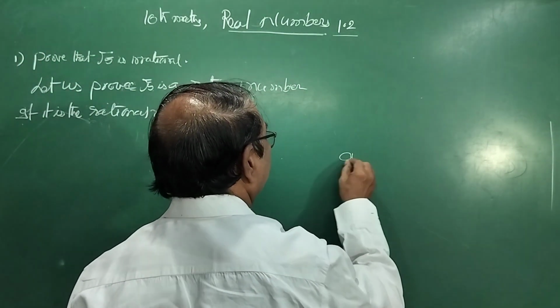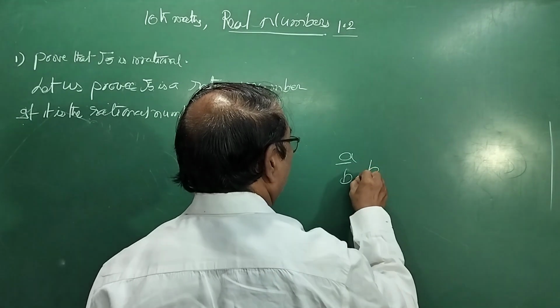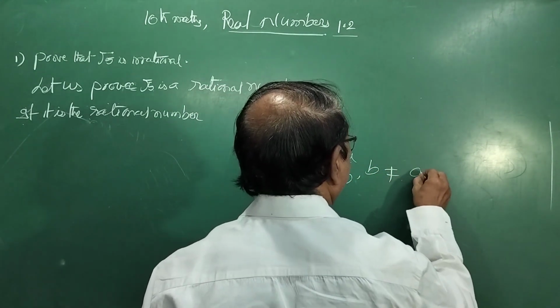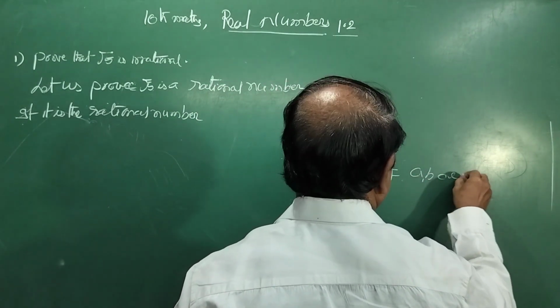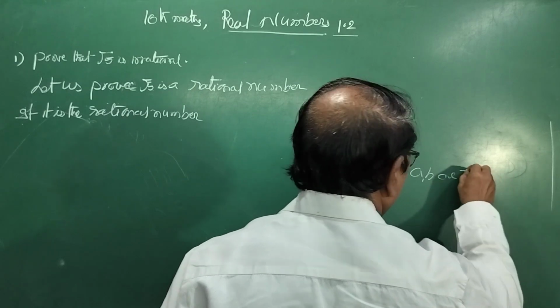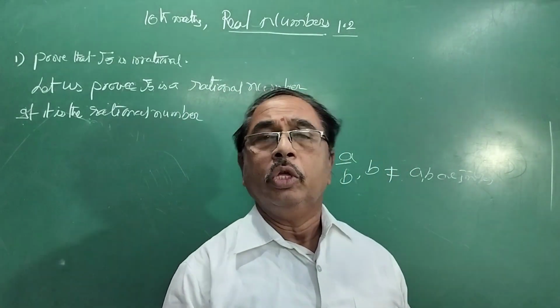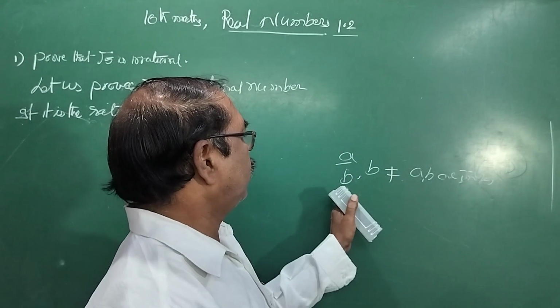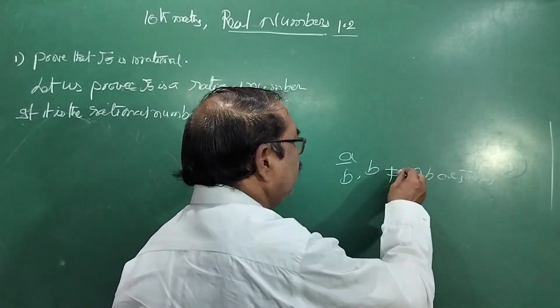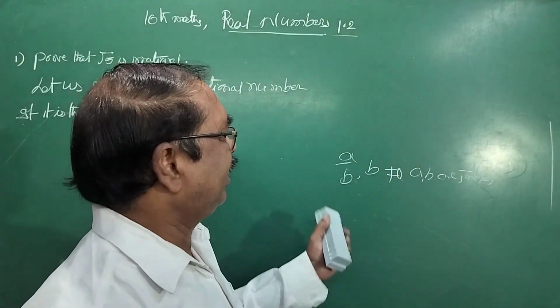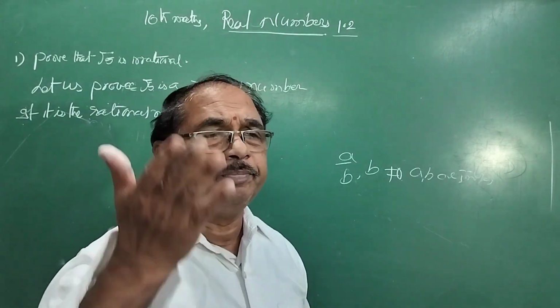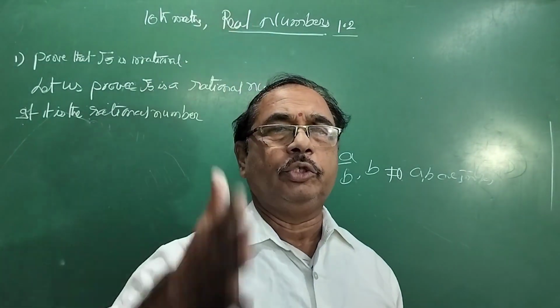Suppose a by b, b does not equal 0, and a and b are integers. Integers are plus values and minus values. b means the denominator, which should not equal 0.